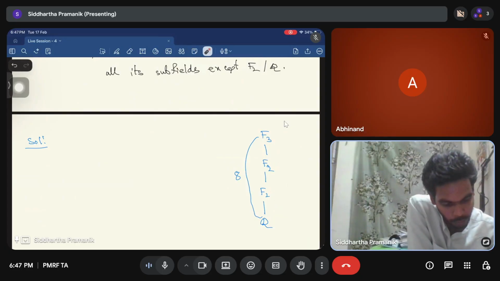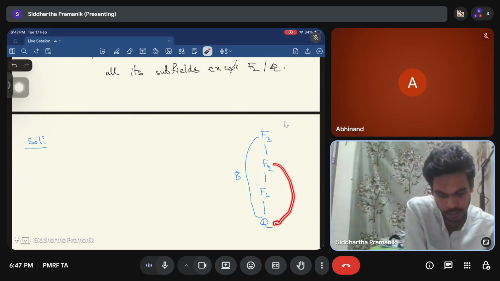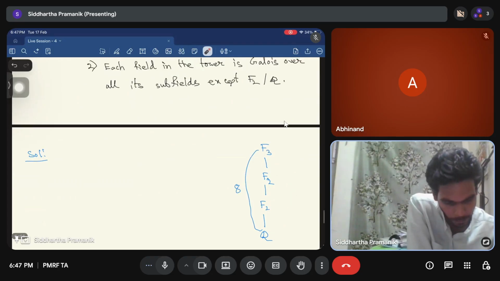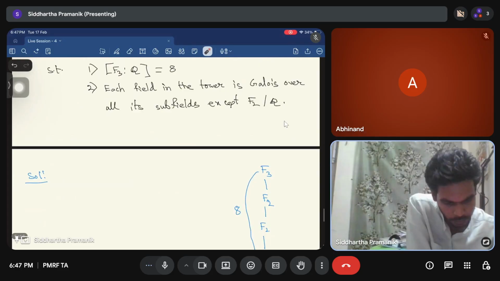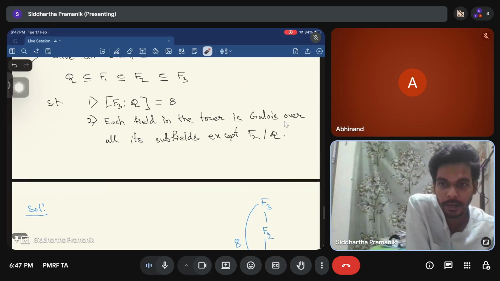Just one extension is not Galois, just F2 over Q is not Galois, and all other extensions are Galois. Did you understand the problem?